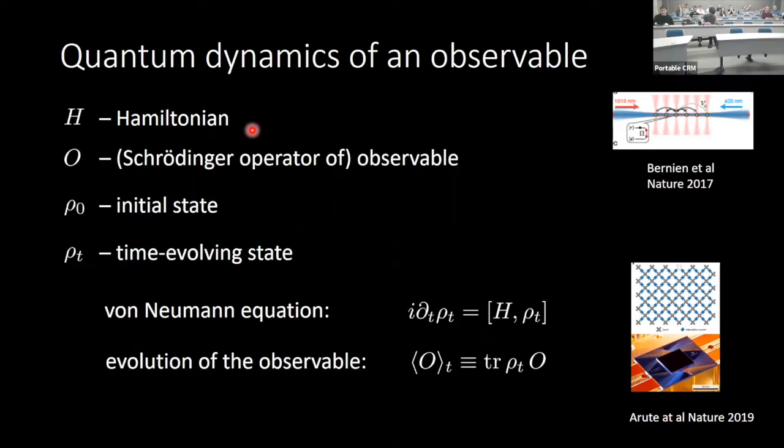We are studying the dynamics of a quantum many-body system described by a Hamiltonian, and we are interested in the dynamics of the expectation value of some particular observable, which is described by a Schrödinger operator O. The system is initialized in some out-of-equilibrium state, described in general by a density matrix ρ0, and it evolves according to the von Neumann equation, which is a linear differential equation on the time-dependent density matrix ρt.